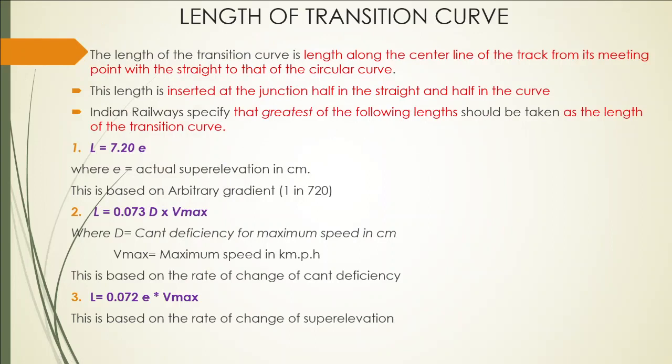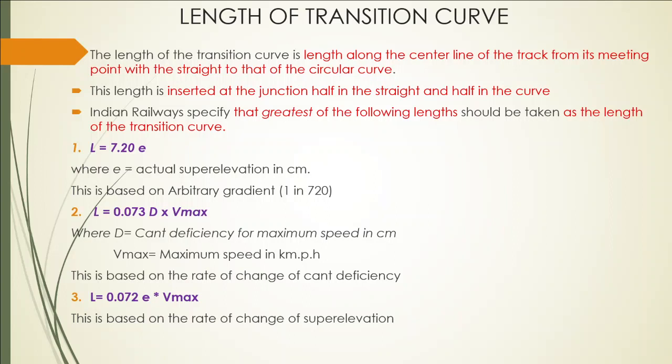The length of transition curve is the length along the center line of the track from its meeting point with the straight to that of the circular curve. We have seen what a transition curve is in the previous part.